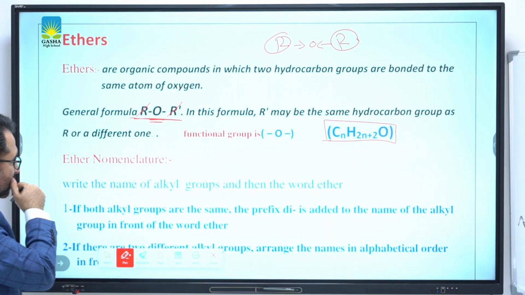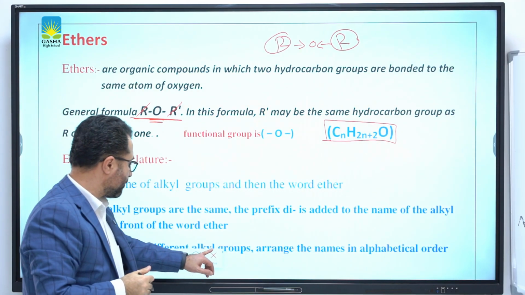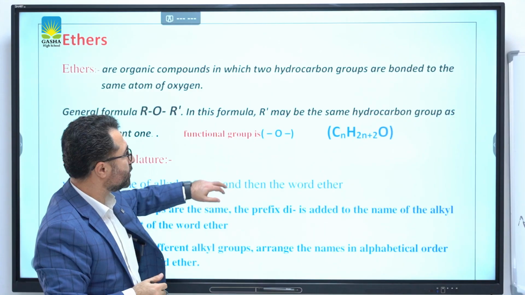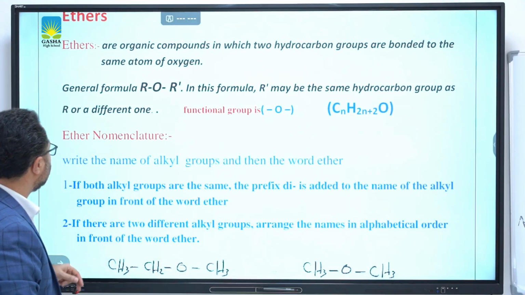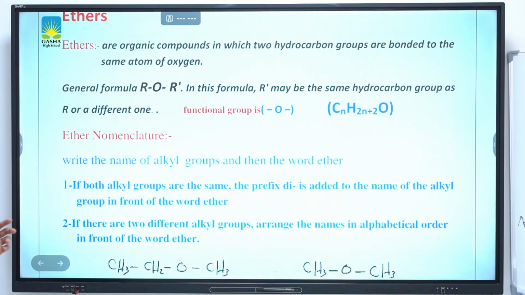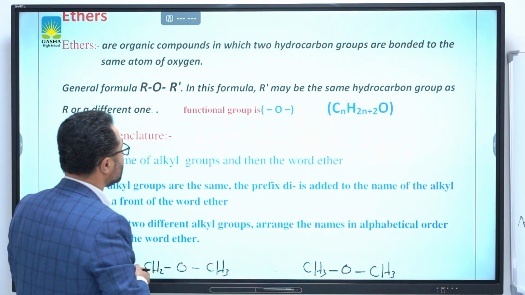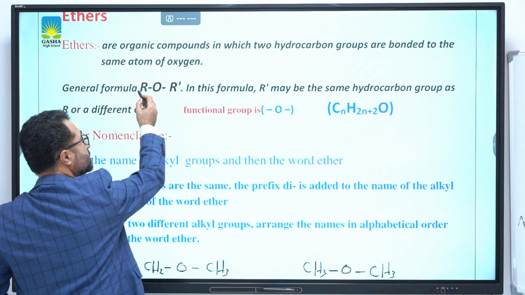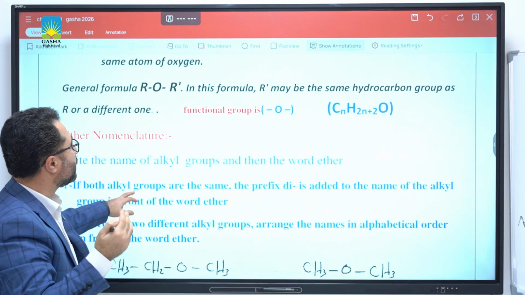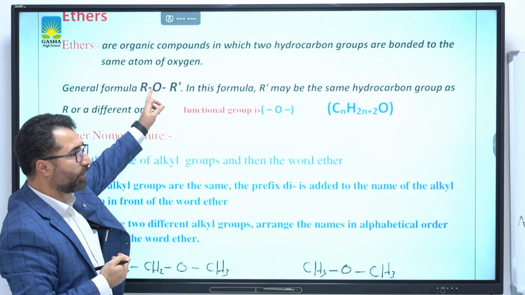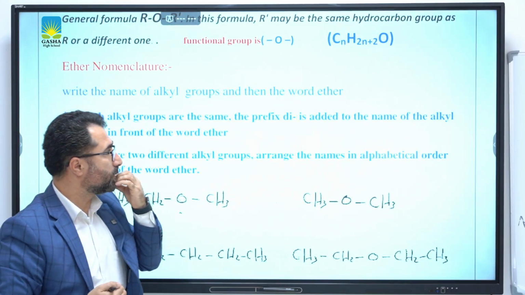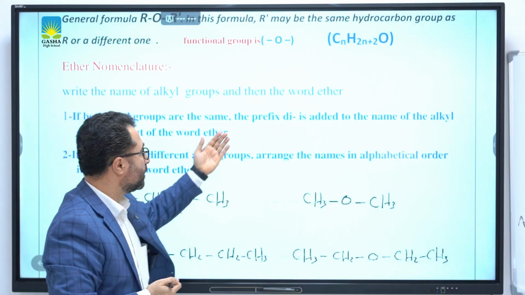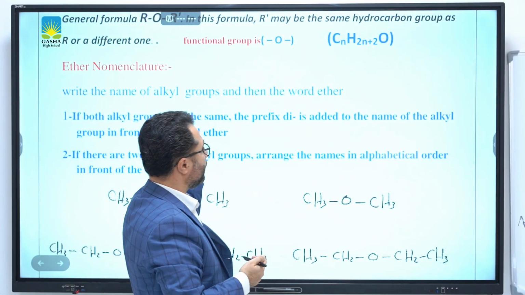O is the functional group. The nomenclature of ethers is so easy. Write the name of the R's as alkyl groups, like methyl, ethyl, and then ether. If the ether has the same alkyl group, say di-alkyl group ether.